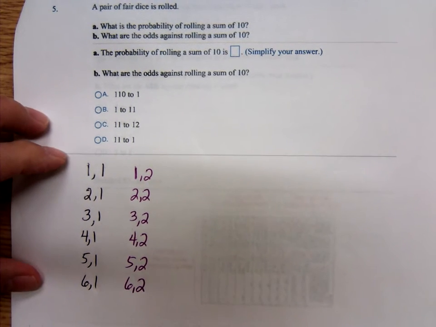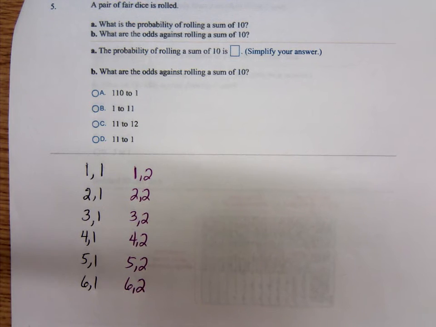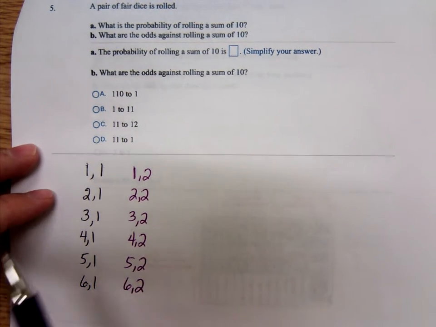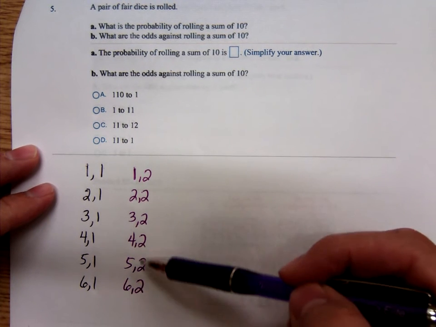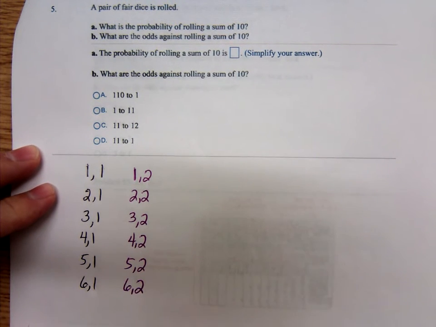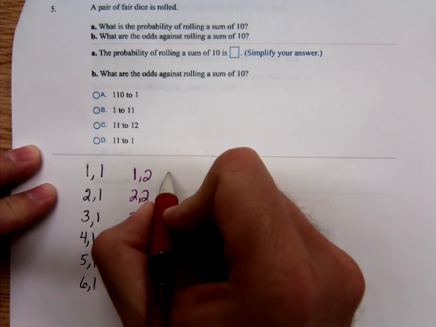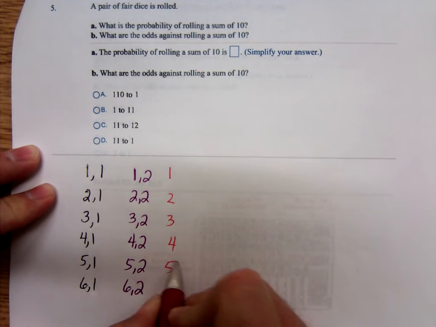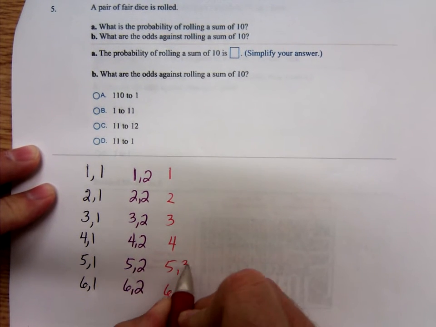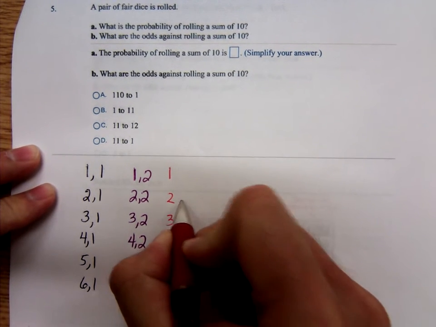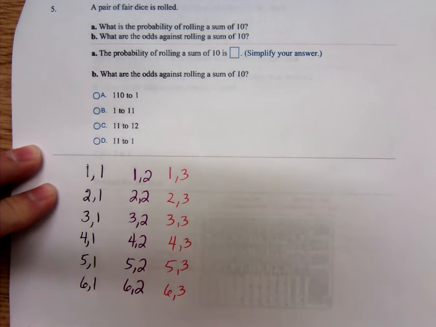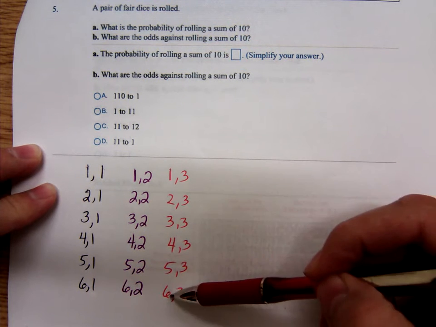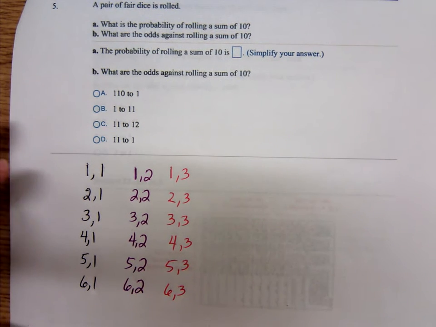I'm just writing out all the possibilities that you could get. This column here in purple represents where you would have rolled a 2 on the second die. 1, 2, 3, 4, 5, 6, and a 3 on the second. See, if you're rolling a 3 on the second die, you could roll anywhere from a 1 to a 6.